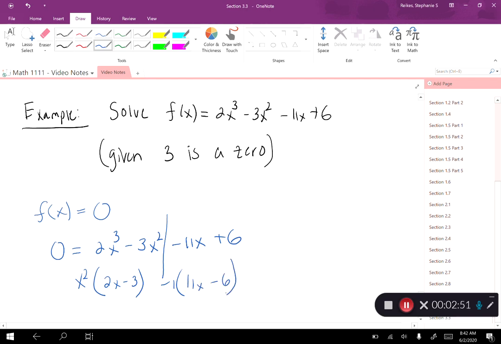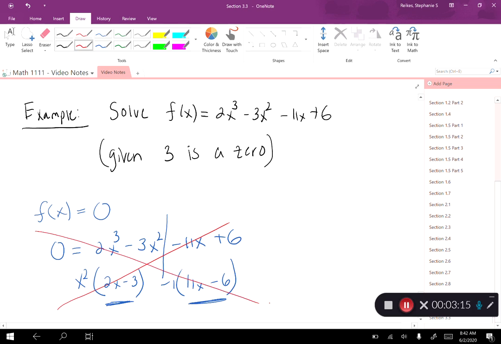There's no other number in common with 11 and 6. So as you can see, the leftovers on the left and right aren't equal to each other. That doesn't mean necessarily the polynomial is not factorable, but it means this technique of factoring does not work.